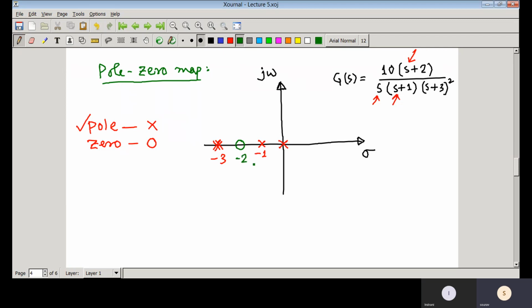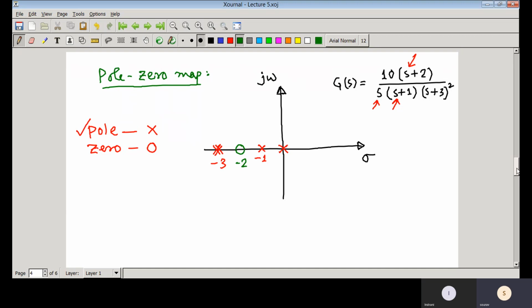So this is the pole zero map. This particular function is also available in MATLAB. Whenever a rational function is given to you, if you draw the pole zero map using these two symbols, the cross and the small circle, then one can understand where the locations of poles and zeros of the rational function are.